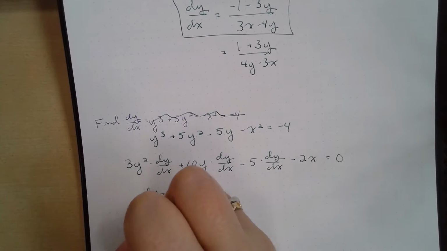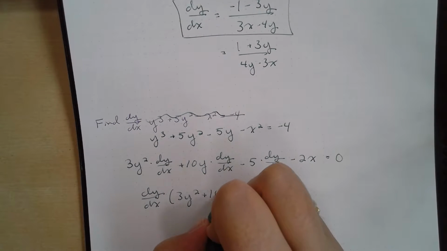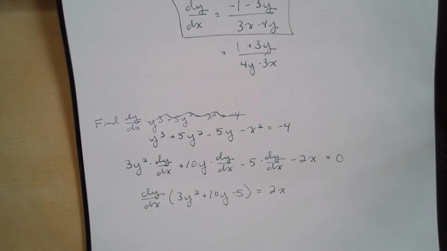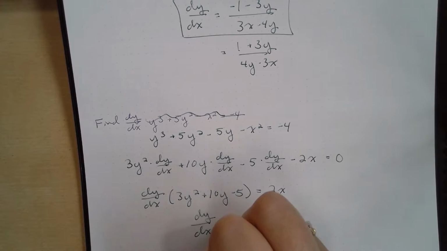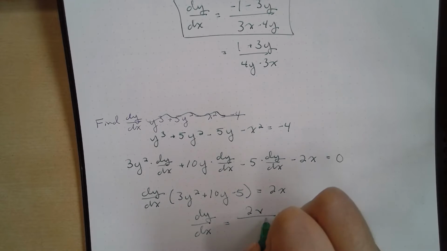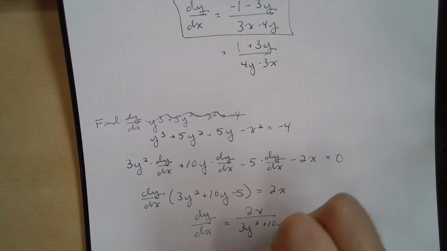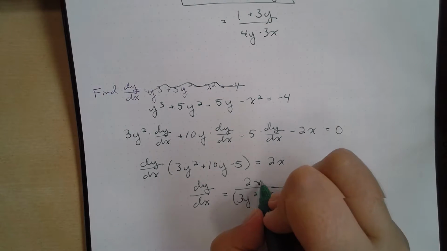I've got dy over dx times 3y squared plus 10y minus 5 is equal to 2x. I think that looks correct. So dy over dx is equal to 2x over 3y squared plus 10y minus 5. Pretty good? Gosh, my x's always look like v's.